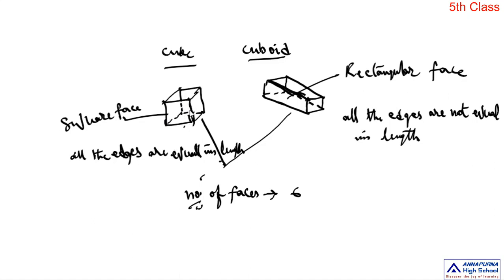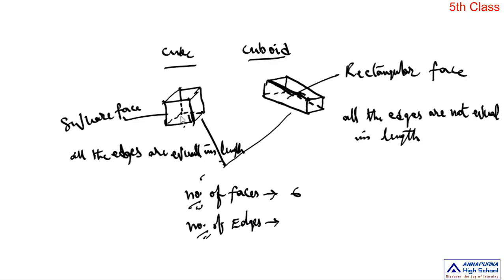How many vertices are there? As I already told you, a vertex is a corner where 2 edges meet. Before that, we will count the number of edges.